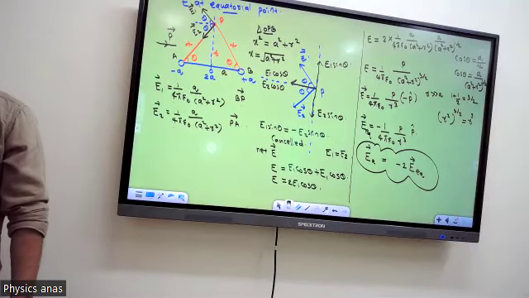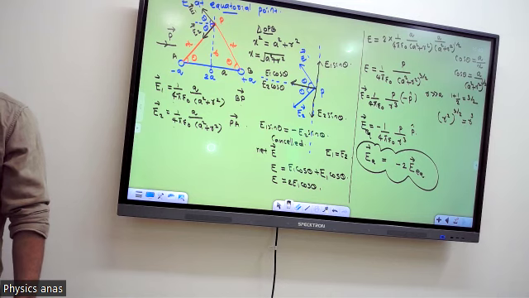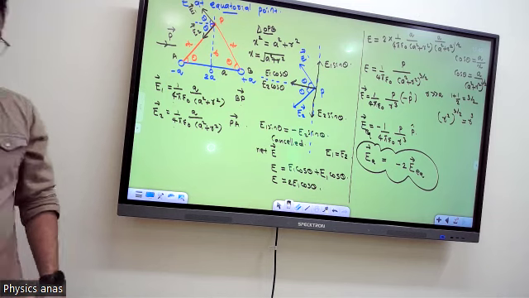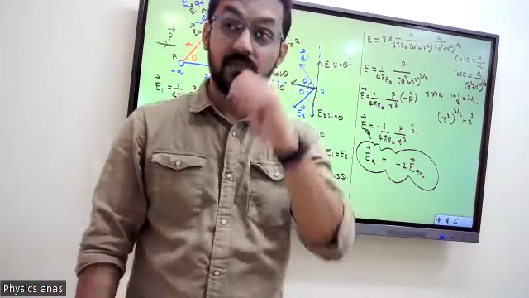Did you get it? Is there anything that I should be revising? Electric dipole in uniform electric field means the equation for torque.